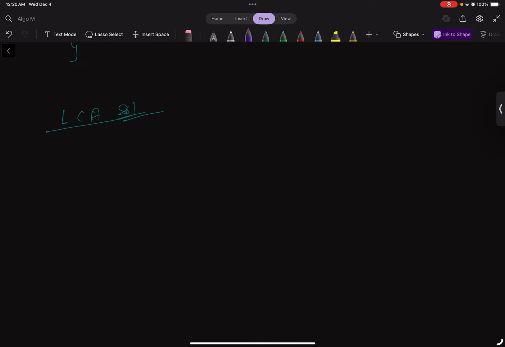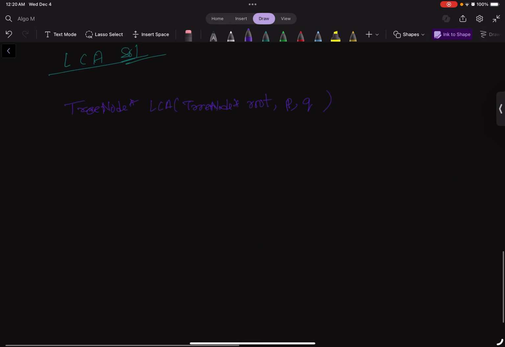Let's start writing the solution. LCA, tree node root, tree node P, tree node Q, and yeah, I guess that's it. 3 parameters were there. And starting from here, now I need to write the solution.